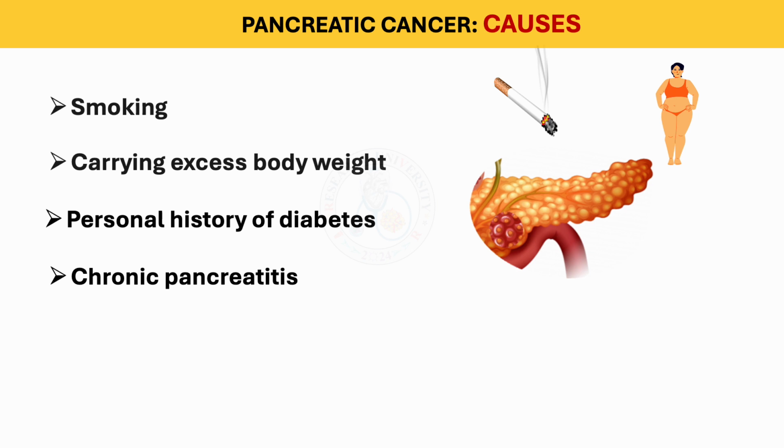And another one is chronic pancreatitis. Inflammation of the pancreas is known as chronic pancreatitis. It is a significant risk factor for pancreatic cancer. Over time, ongoing inflammation can cause damage to the pancreas cells and increase the risk of malignant transformation.